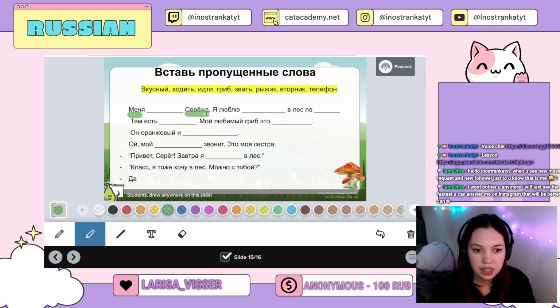Меня, Сережа. Я люблю, в лес по. Там есть. Мой любимый гриб это. Он оранжевый и.